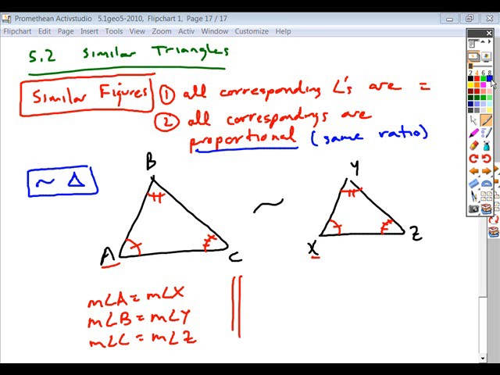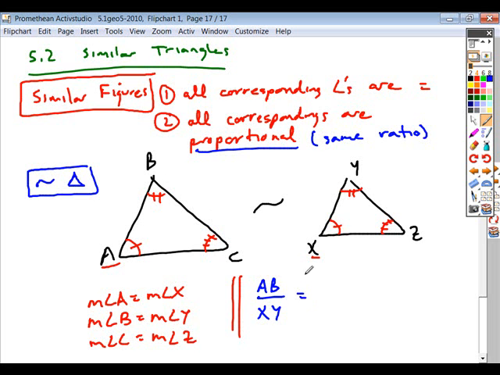The second condition has to do with the ratio of their sides. And so if you take any given side, so let's say we begin with AB. AB in this larger triangle corresponds with the same piece, or the corresponding location of that piece, XY. So that's the ratio for all corresponding pieces.